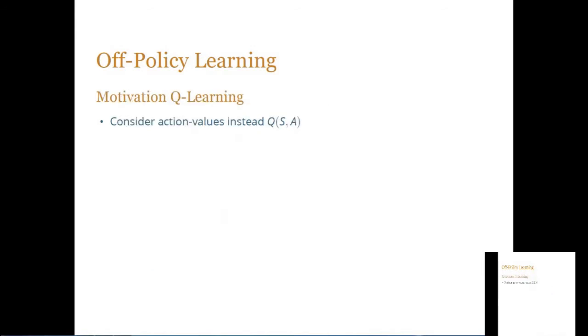Let's motivate Q-learning a bit, which will be the off-policy learning algorithm that we'll see before the end. You can motivate it in the following way, by considering these ideas of having a behavior policy and a target policy. In this case, we won't do any importance sampling, but we will just use the Bellman update. So we have two policies again.